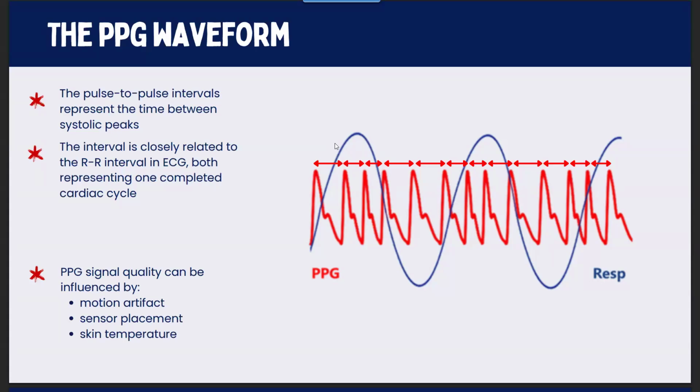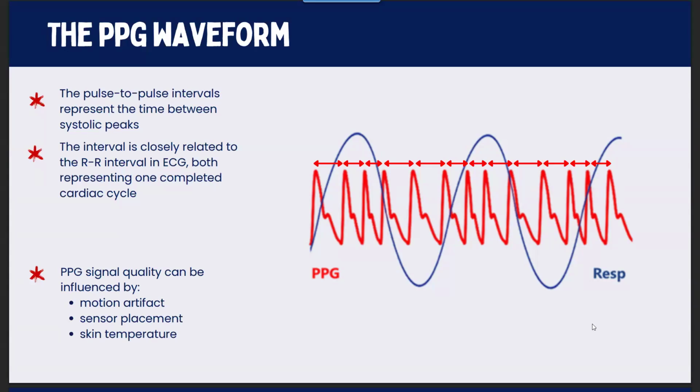And again, just like with ECG and the R to R intervals, this is representing one complete cardiac cycle. So with this, we're really able to see with a measure that's very easily collectible, the influence that we can see on respiratory cycles here, as well as like we can in ECG, but there are definitely some more caveats to keep in mind.